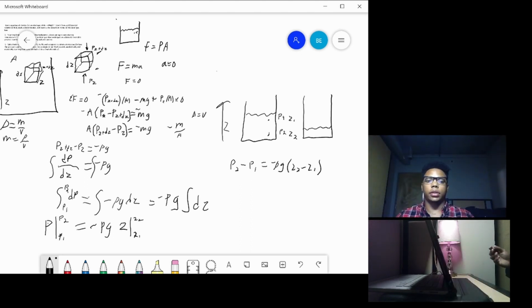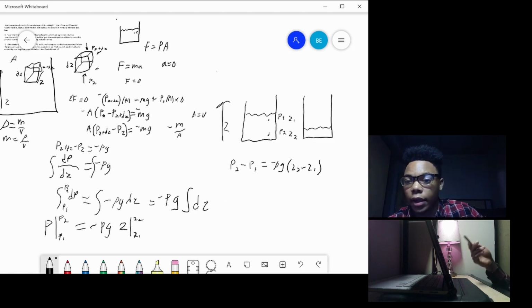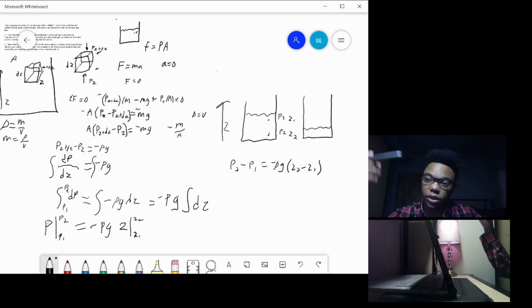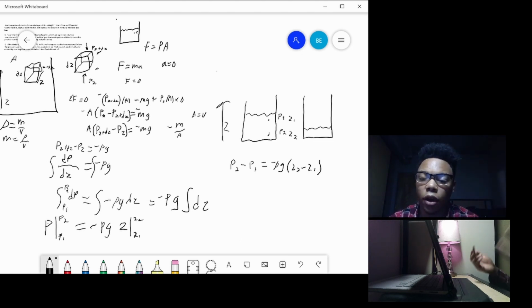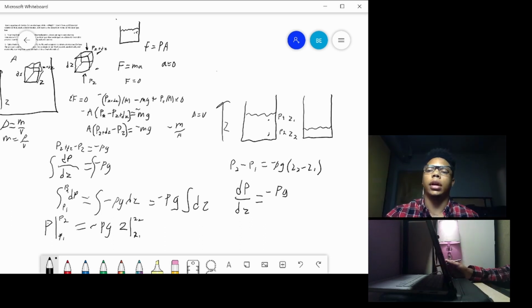What that expression tells us is that a change in pressure equal to rho times gravity gives an equal and opposite change in position of the fluid relative to the volume in the container. And what I'm going to show you here is why dP over dz equals negative rho g can really turn out to be useful.